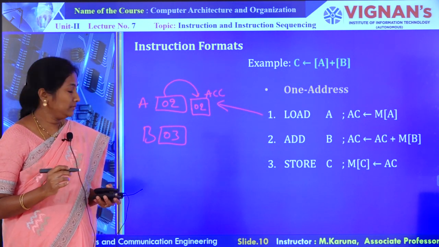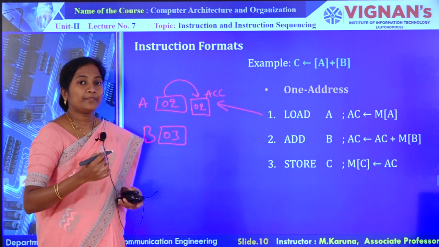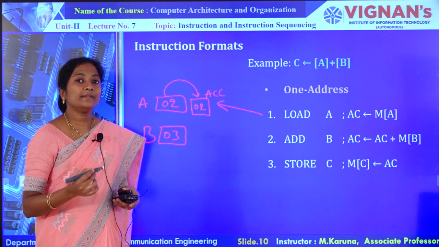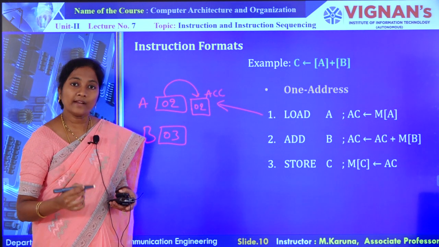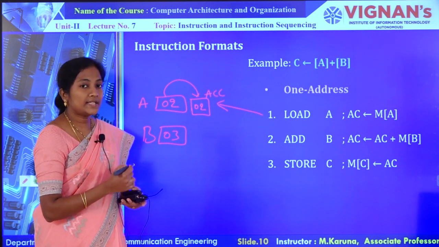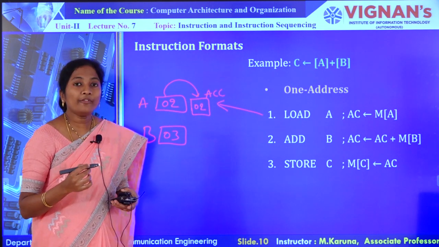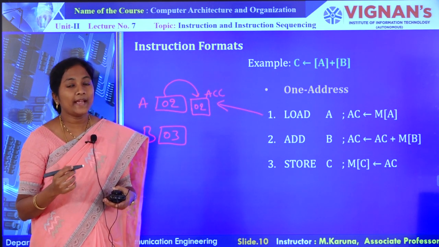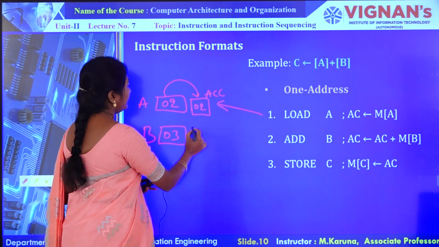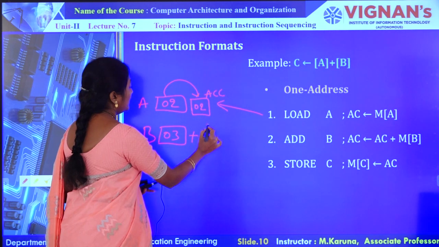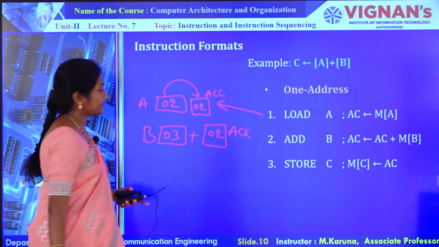That instruction performs an addition operation with the content of memory location pointed by B, and the result goes automatically to the accumulator. That instruction performs the operation between the content of memory location pointed by B and accumulator. So, here B and accumulator content will be added.